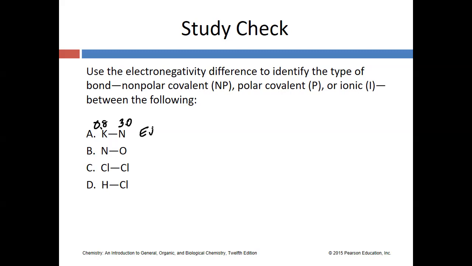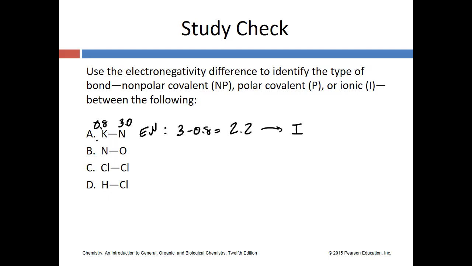The electronegativity difference, 3 minus 0.8, would be 2.2. Since 2.2 is greater than 1.8, this is an ionic bond. This is what we would expect, given that potassium is a metal and nitrogen is a nonmetal.